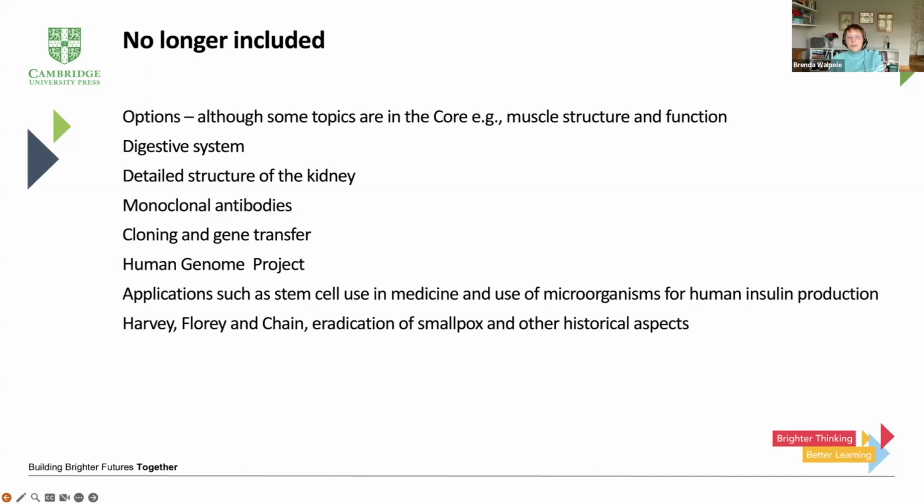So stem cell use in medicine and the use of microorganisms for human insulin production are no longer included. Quite a bit of the historical material has gone. Harvey's work on blood and circulation, Florey and Chain's work, the eradication of smallpox are among some of the historical aspects that are now gone.